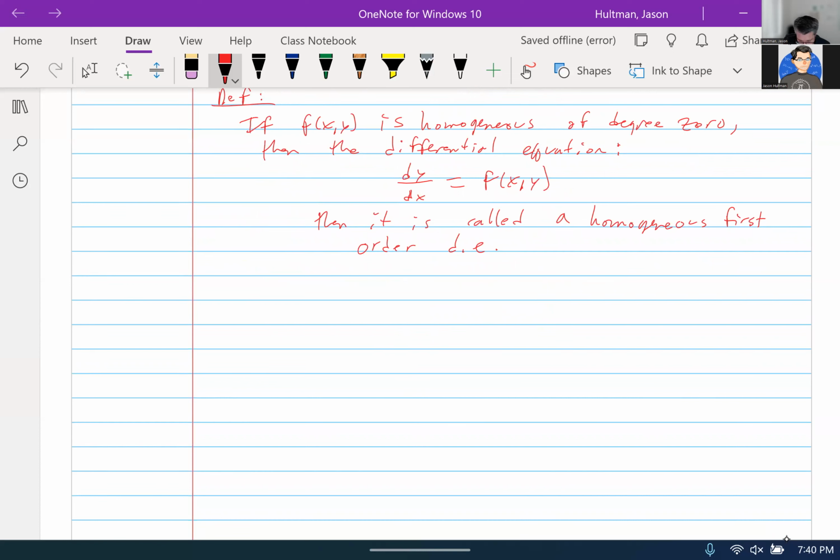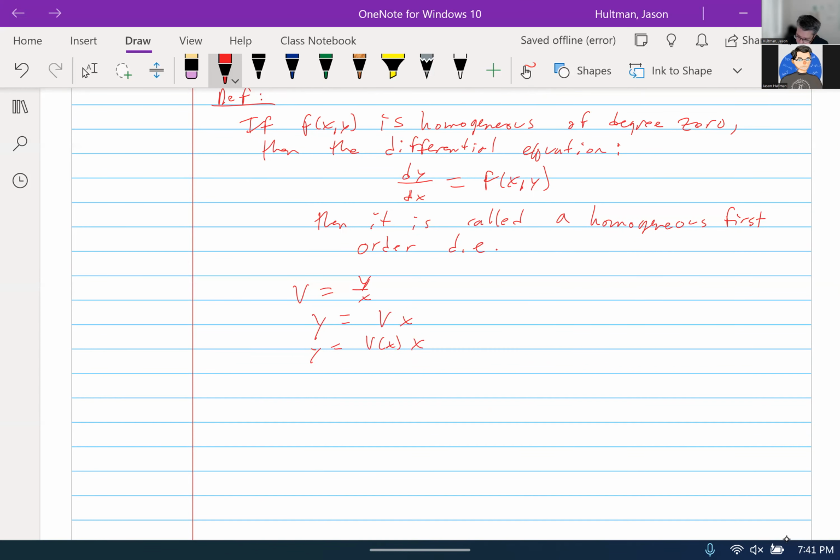Now, let's think of v in terms of y over x. Okay, v is equal to y over x. So I'm going to multiply both sides of this equation by x, and so I would get y equals vx. But v really is a function of x, so I'm going to rewrite this as y equals v of x times x.